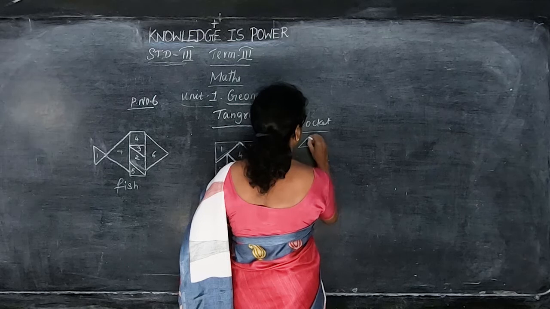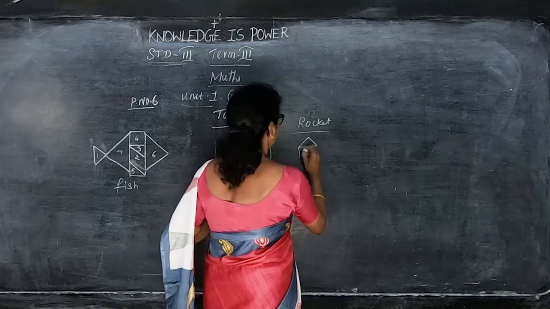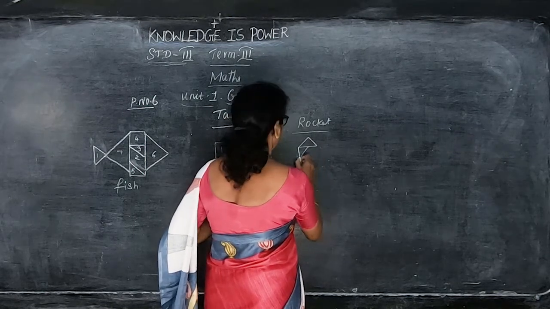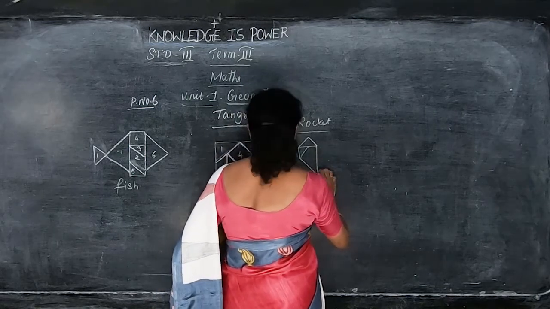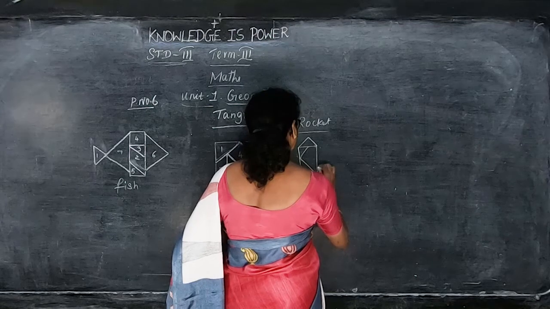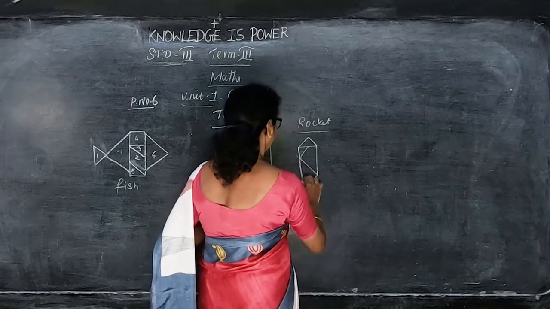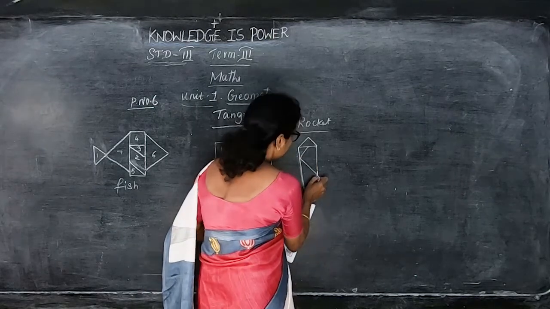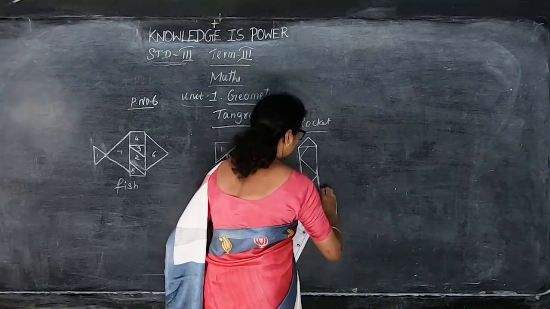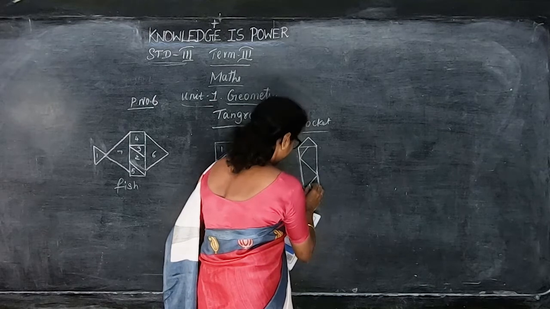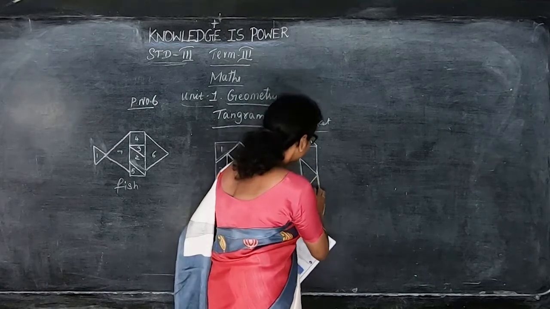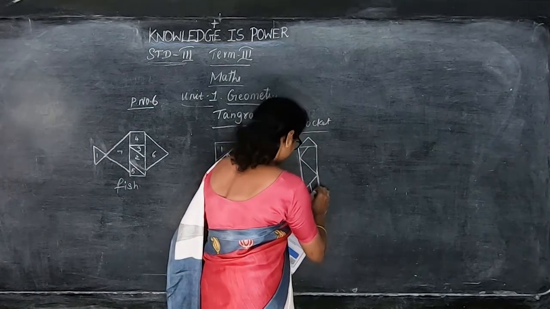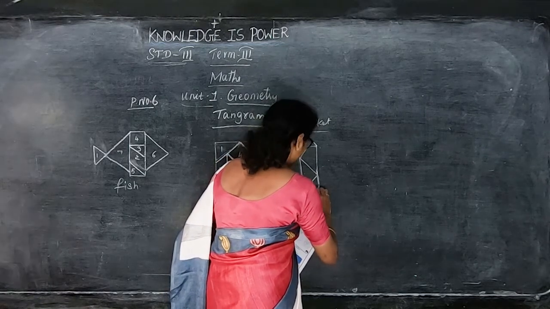Here one small triangle piece, and then one triangle, and then here the big triangle, and then another triangle, and then the square, and then here the last piece, the rectangle.